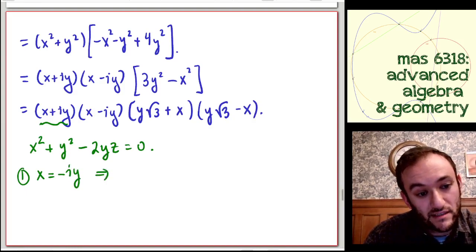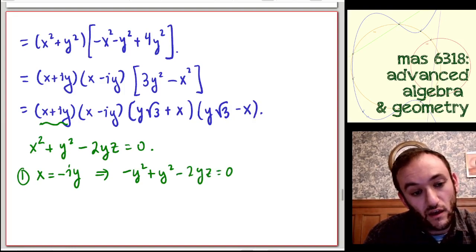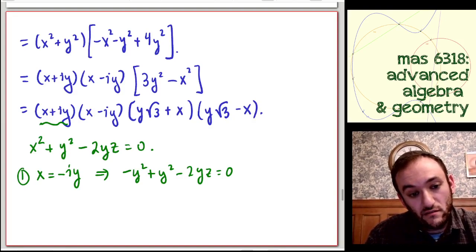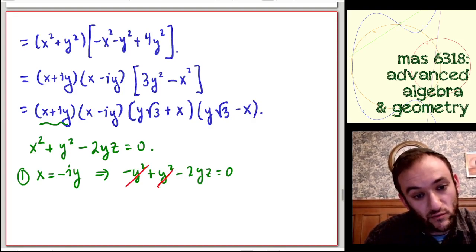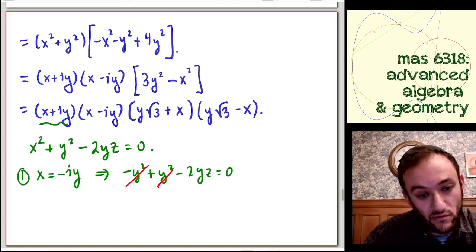Then that means x squared is equal to minus y squared, so minus y squared plus y squared minus 2yz equals 0. Okay, well then these y squareds cancel, and we're left with minus 2yz equals 0. So either y is 0 or z is 0.